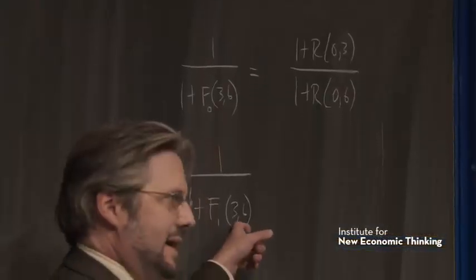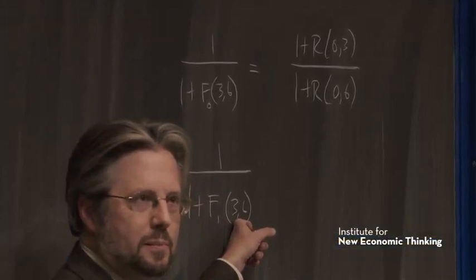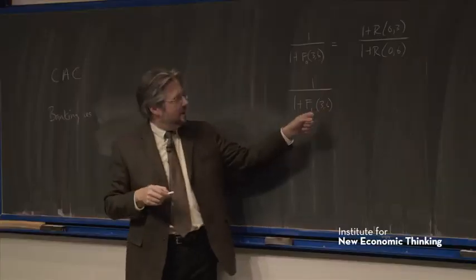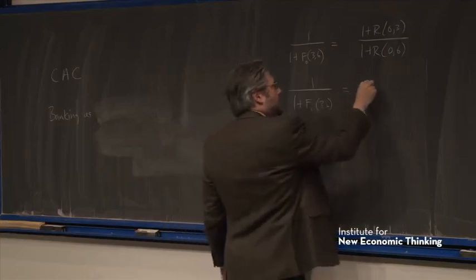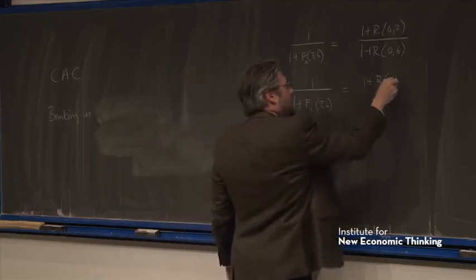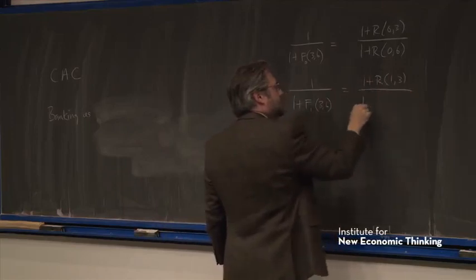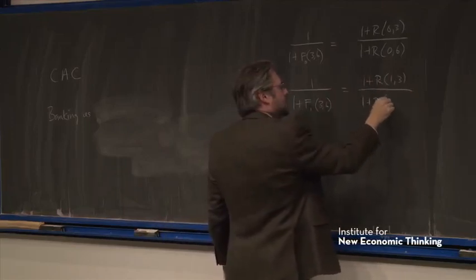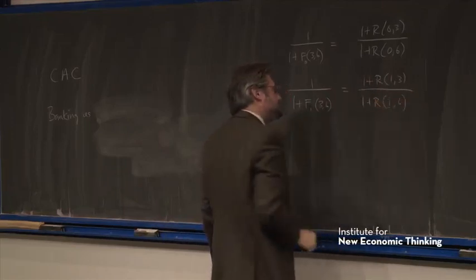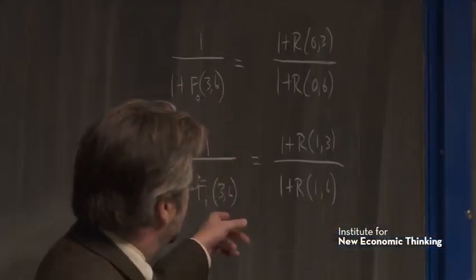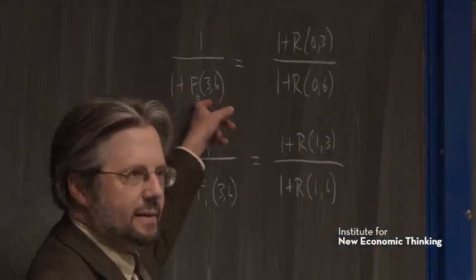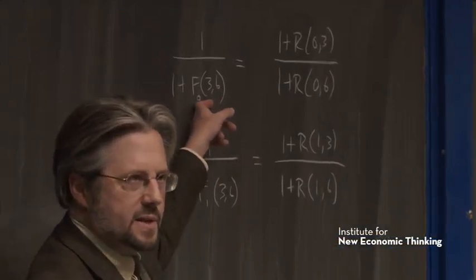Now it's 2 months ahead, because we're now at time 1, but it's starting at time 3, okay? There's going to be a forward rate, and that is going to be defined as 1 plus r, now 1(3), and 1 plus r, 1(6). There's no reason that this is the same as that. There's no reason this is the same as that.